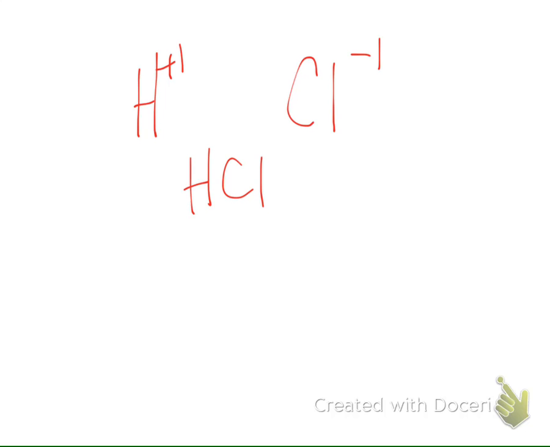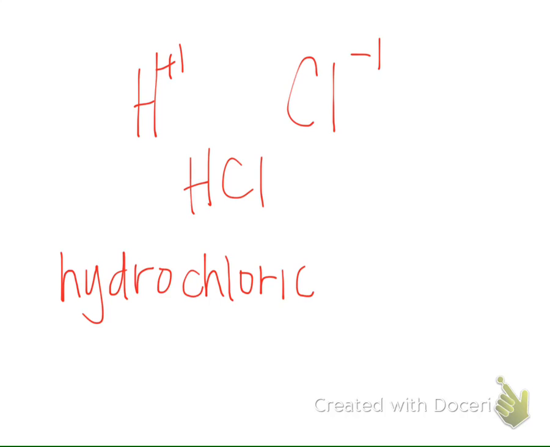So go ahead and look on your cheat sheet and tell me that, yes, things that end in IDE then have to start with the prefix hydro. Then we put the root of that element name, chlor, and then it ends in IC, and we add acid at the end. So we have hydrochloric acid. That is what HCl is.